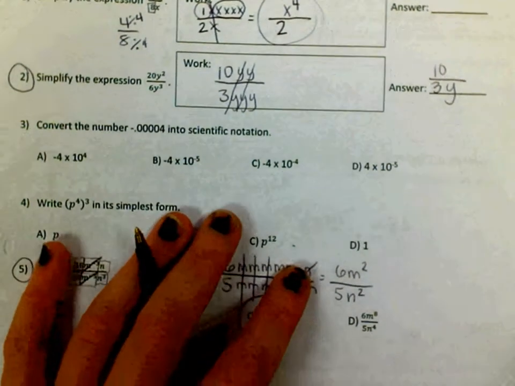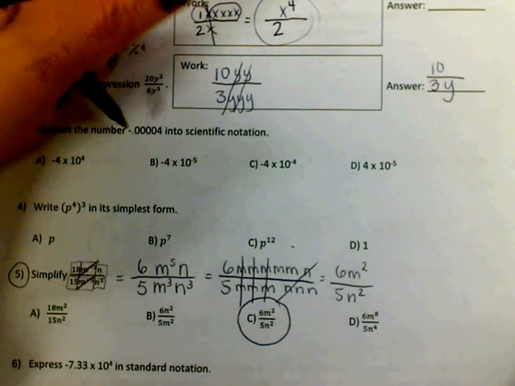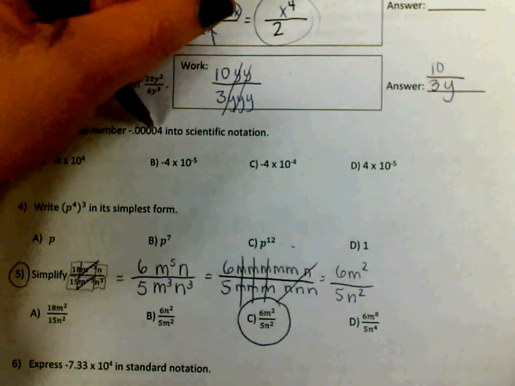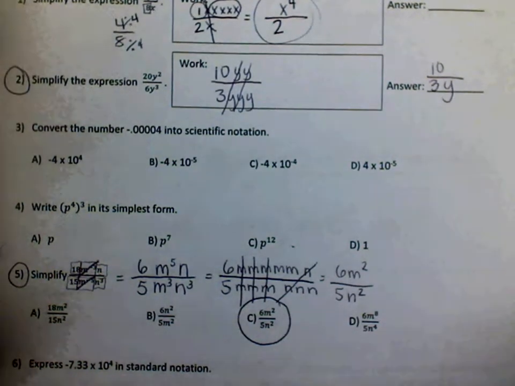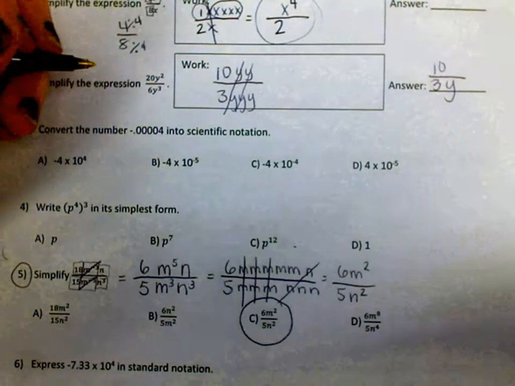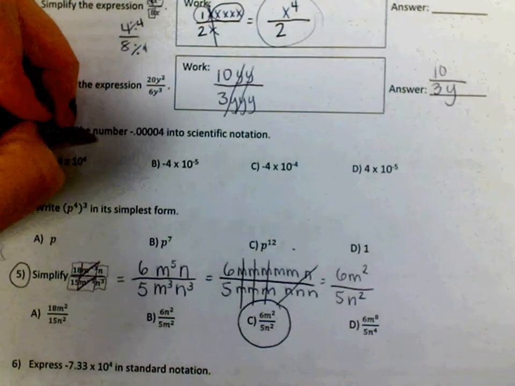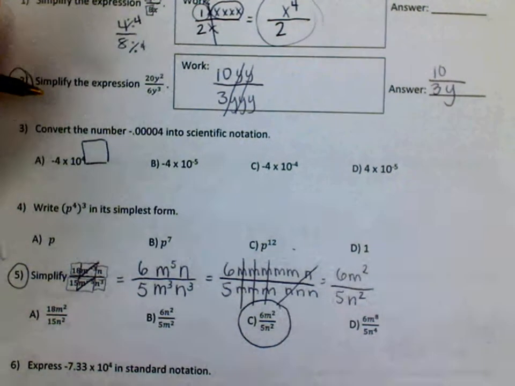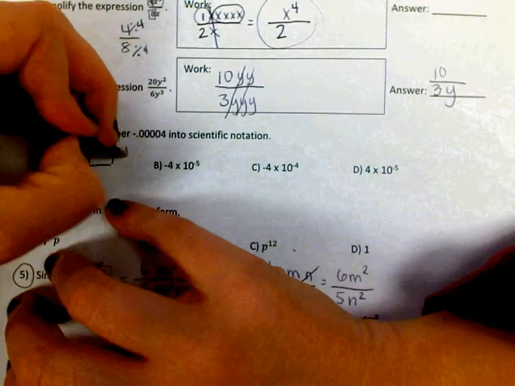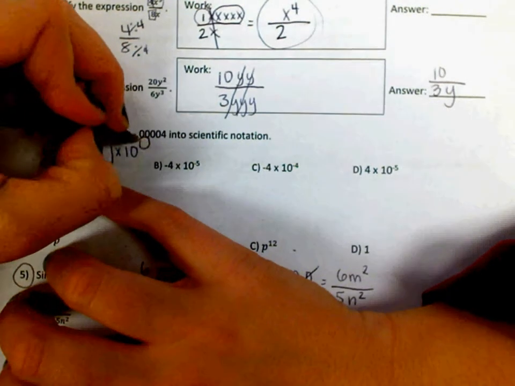Okay. Number 3, convert the number negative 0.00004 into scientific notation. So remember, for scientific notation, you need to have a number between 1 and 10, and then you need times 10, and then you need an exponent.